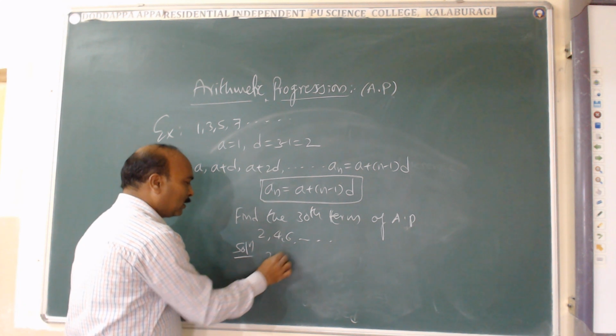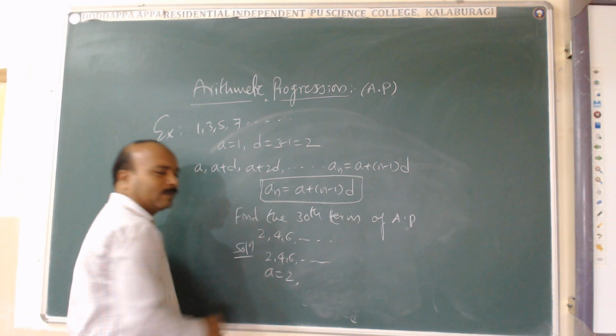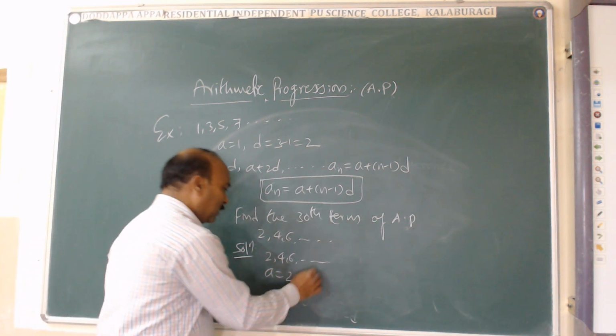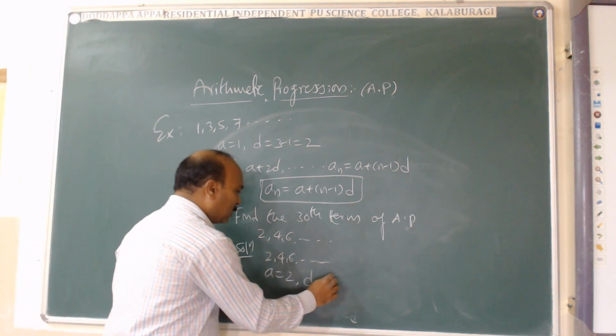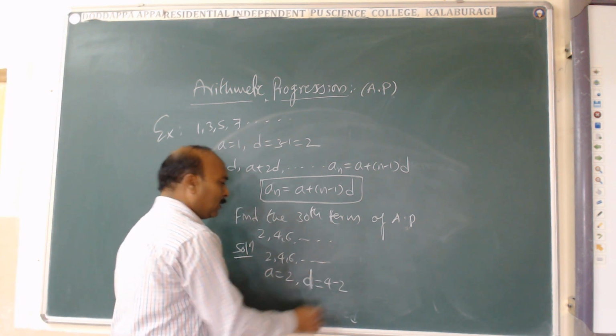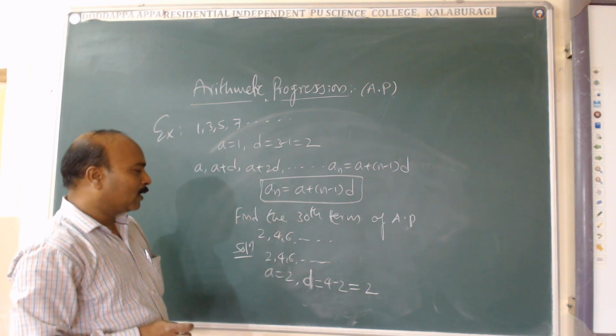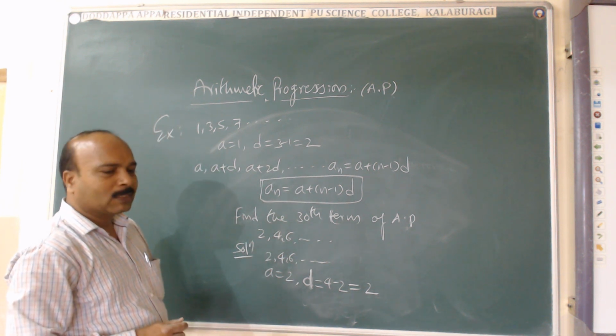The given sequence is 2, 4, 6, and so on. Here the value of a is 2, and the common difference d is given by this minus this, that is 4 minus 2, that is a2 minus a1. It is also 2. So we got the first term and the common difference of this AP.